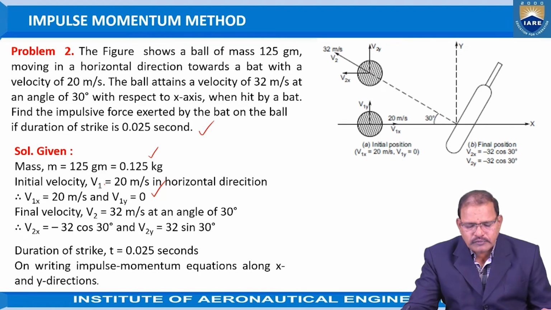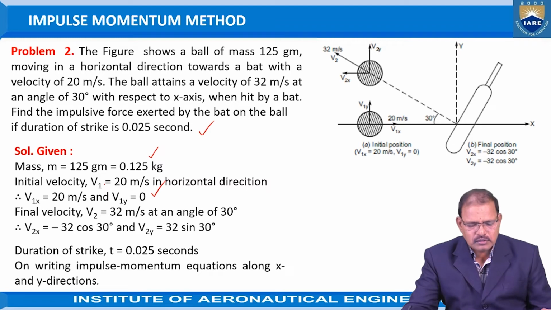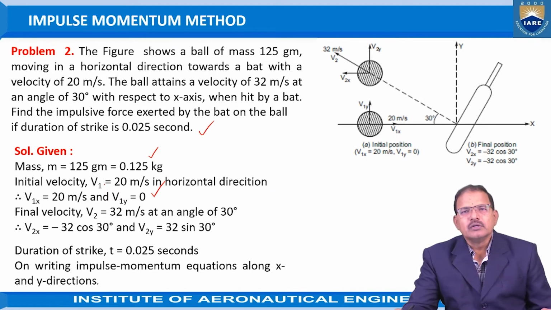Just after hitting with the bat, the ball moved with a velocity of 32 meters per second with an inclination of 30 degrees with the horizontal. Hence, resolve the velocity into two components, x component and y component. So the final x component is given by v2x.